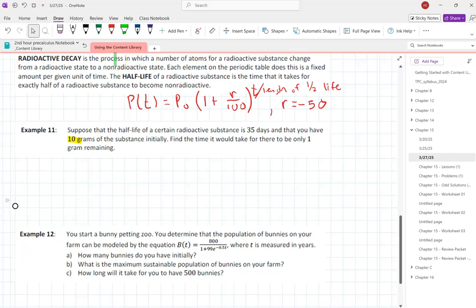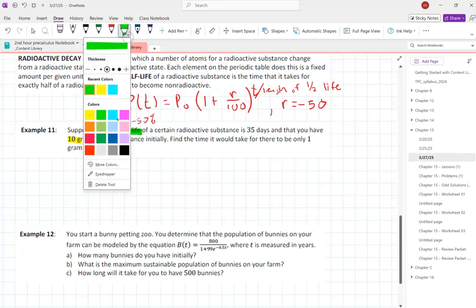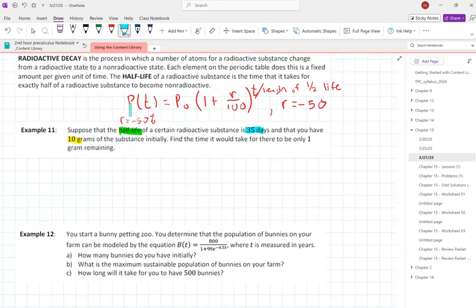I know that my R, because we're talking about half-lives, is negative 50%. And then the piece that's going to tell me about my T, I'm going to have T in days. So I'm going to have T over 35 in my problem.